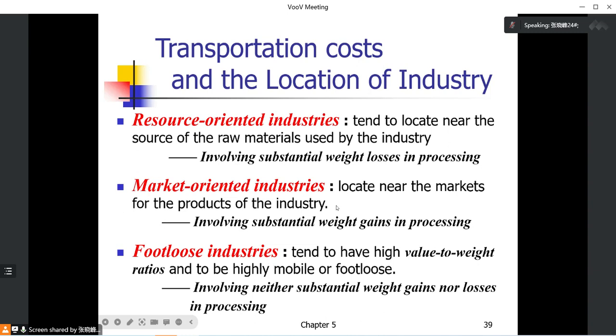Market-oriented industries locate near the markets for the products of the industry, involving substantial weight gains in processing. Footloose industries tend to have high value-to-weight ratios and to be highly mobile, involving neither substantial weight gains nor losses in processing.